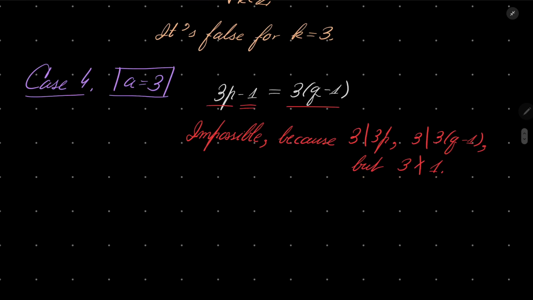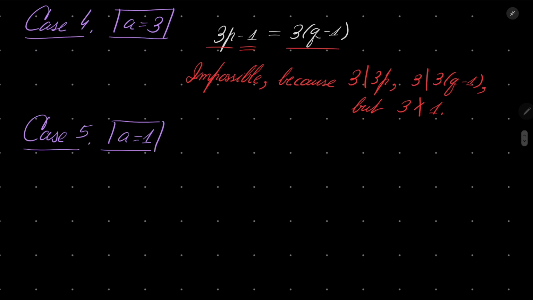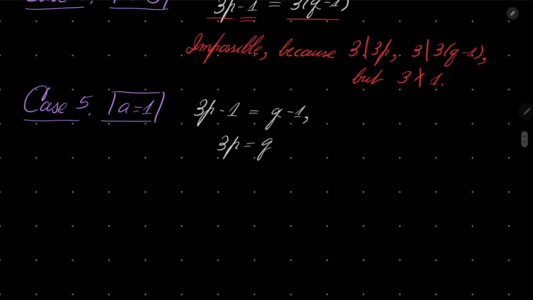Now, case number 5. I wish now to consider A equals 1 and leave the most important case for last. Case number 5, A equals 1. If A equals 1, then 3P minus 1 equals Q minus 1, which means that 3P equals Q. And this is impossible because Q is a prime, and here we have a product of two numbers.